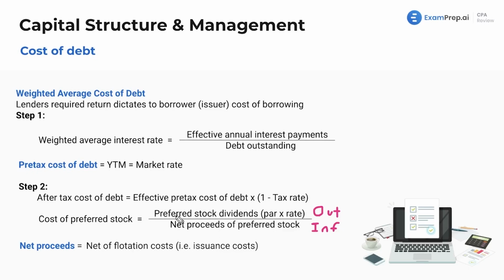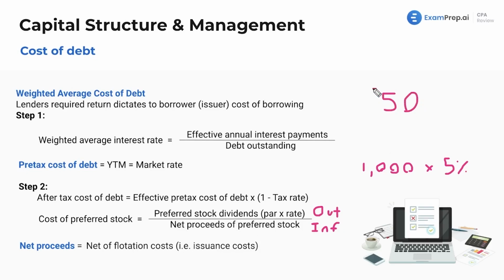So if you pay out just like debt, let's say we have $1,000 of preferred stock outstanding, with a stable preferred stock rate payout of 5%. Just like debt, it's like a fixed income payment. If we have $1,000 outstanding times 0.05, that's $50 of preferred stock dividends paid out per year.